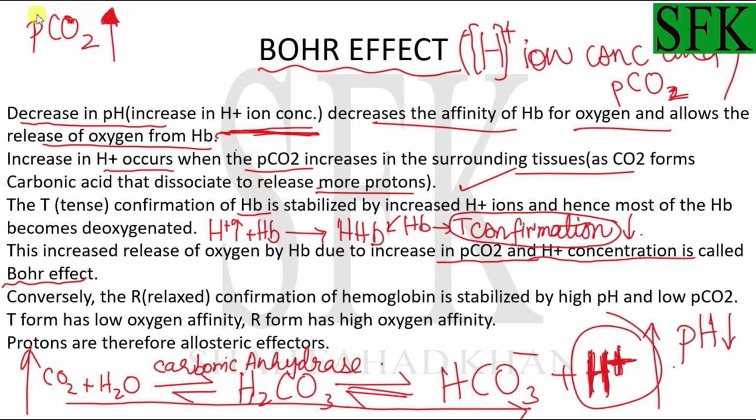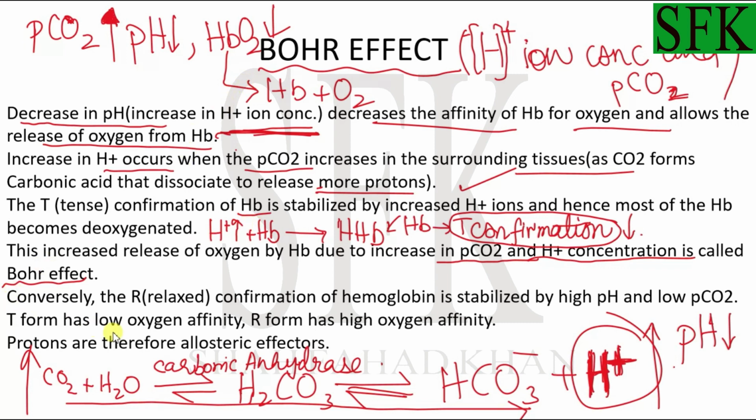So the Bohr effect tells us that if carbon dioxide concentration increases, the pH of the solution will decrease, and if the pH decreases, then the hemoglobin affinity for oxygen will decrease, and this in other words would mean that the hemoglobin would more readily release its oxygen content to the tissues, because partial pressure of carbon dioxide is high only in the tissues. Okay, it's not high in the lungs. In the lungs it's lower. So in the lungs it has to accept more oxygen, it does not release oxygen in the lungs.